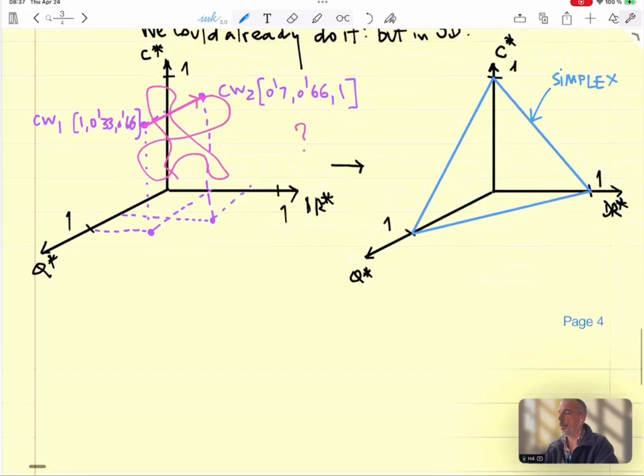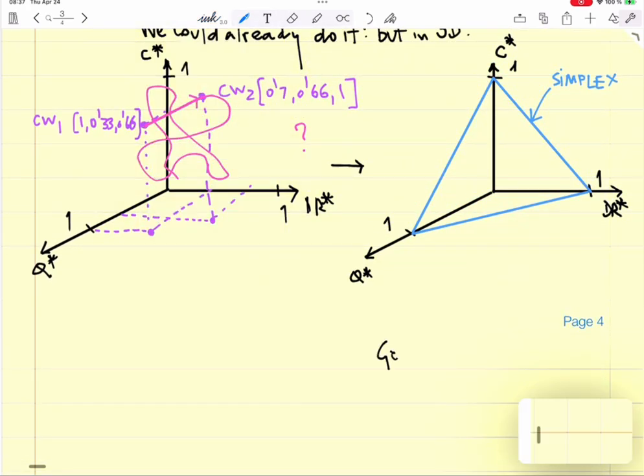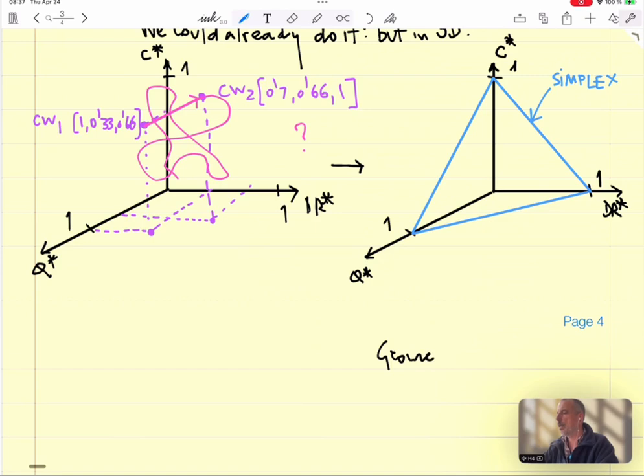Let's write it down. Geometric characteristics of the simplex.